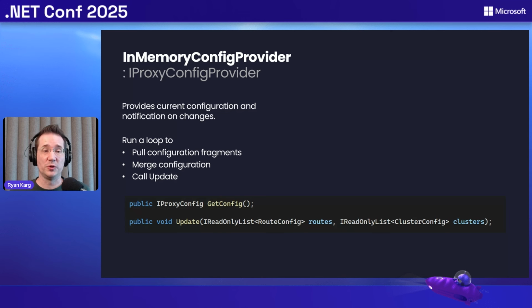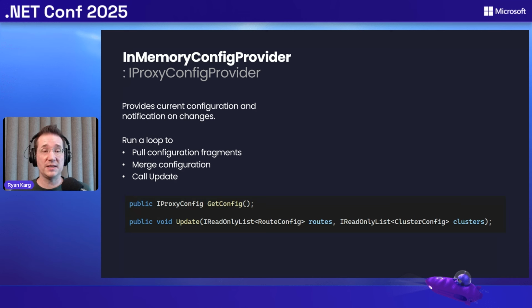This is what Yarp will use to get a snapshot of the configuration, as well as a change token that can be used to signal updates. Then the in-memory config provider adds an Update method where you can call it with a new set of configuration. It will apply that internally to the provider and trigger the change token that will get Yarp to pull a new snapshot of the config, and it will have that available for the next request that comes through.